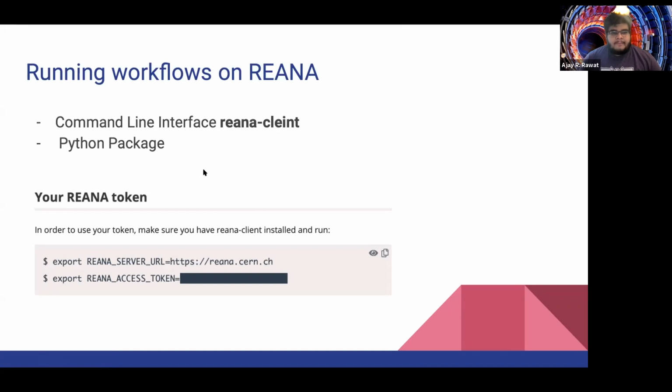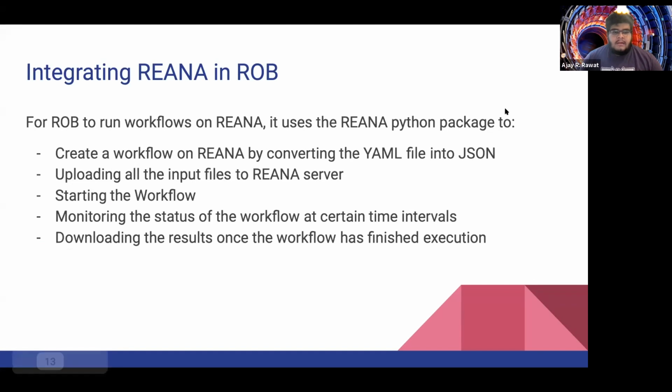You need the server URL and the token to run anything on REANA. And we integrated a Python package into ROB. There are a few simple steps to run a REANA workflow on ROB. First, create a workflow: convert the YAML file into JSON, and then contact the REANA server to create a workflow for it.